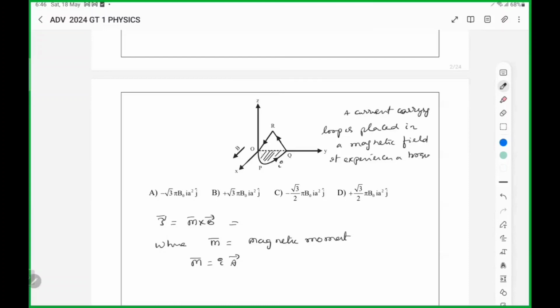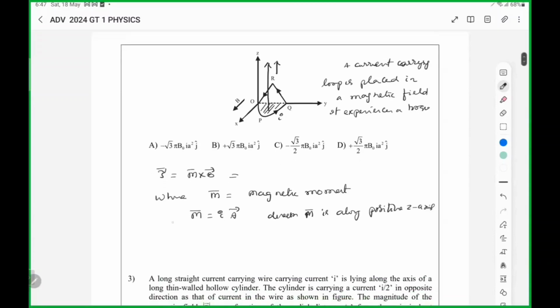So here, the direction of magnetic moment: when current passes through this semicircular wire OPQ, put thumb in the direction of current, curl the fingers. The direction of the fingers is the direction of magnetic moment. That is, here the magnetic moment m bar is along the positive z axis. So then torque will be I times A bar.